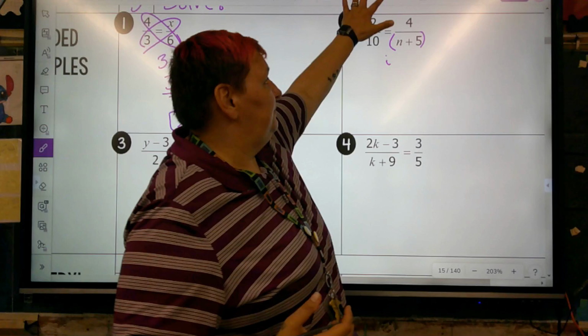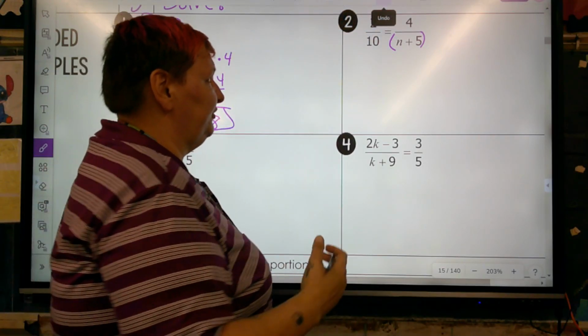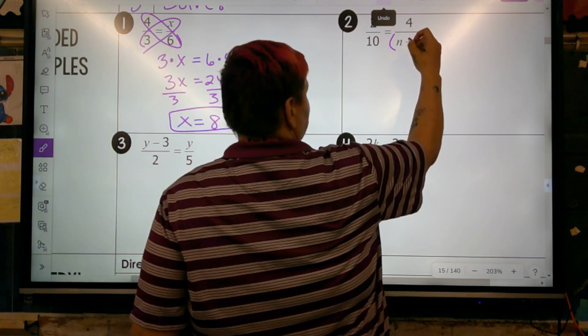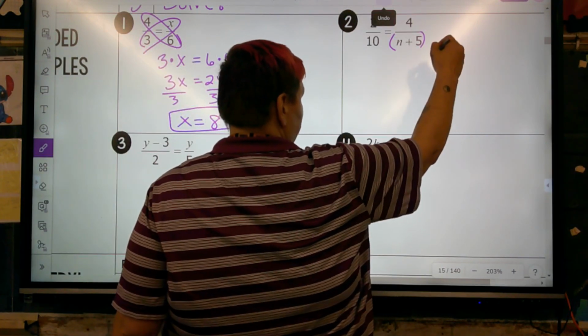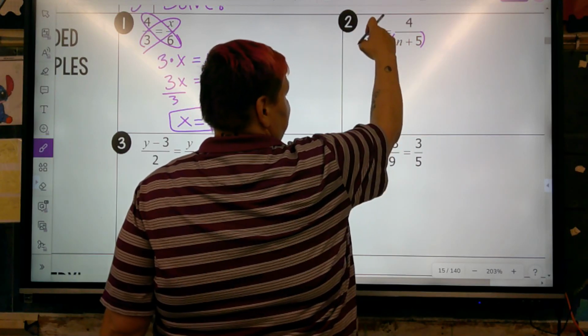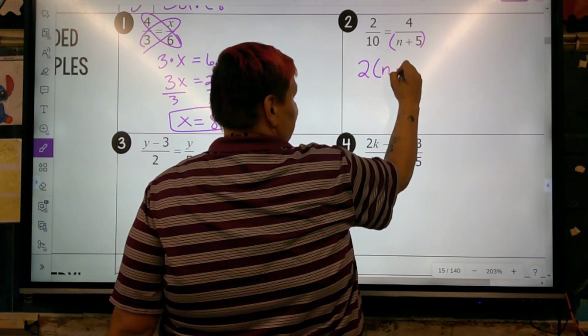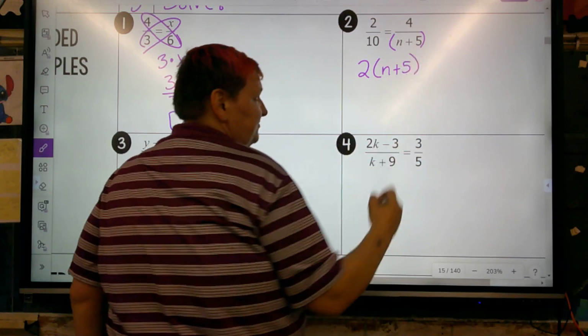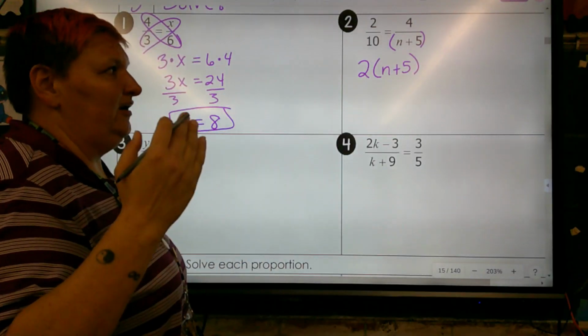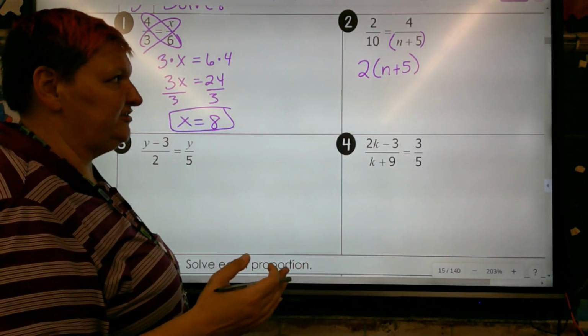Put them, because invisible parentheses play with your mind. All right, so we're still going to cross multiply. So it's going to be 2 times the group n plus 5, and this is why those invisible parentheses are so important. If you don't put the parentheses, you won't know to distribute.